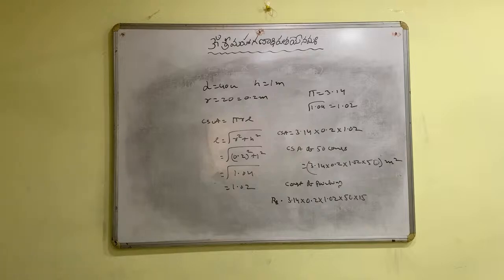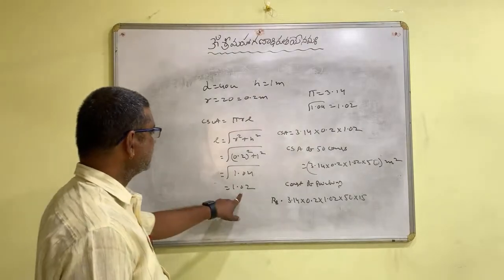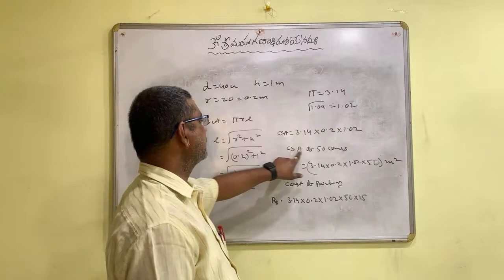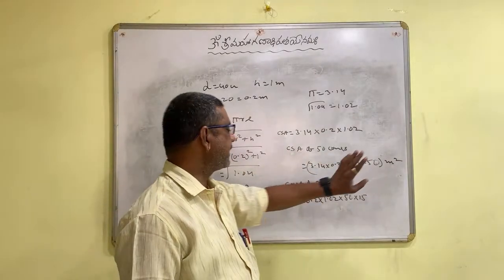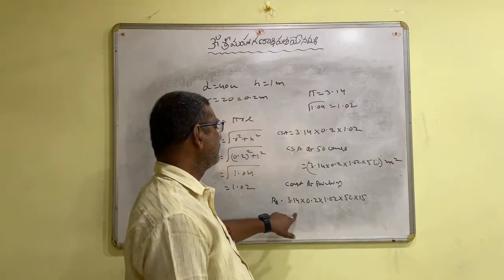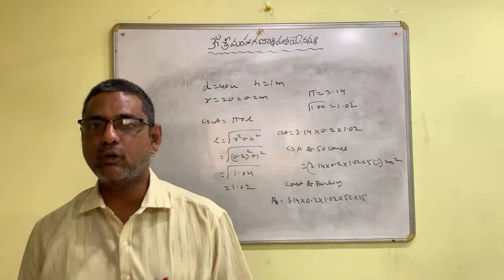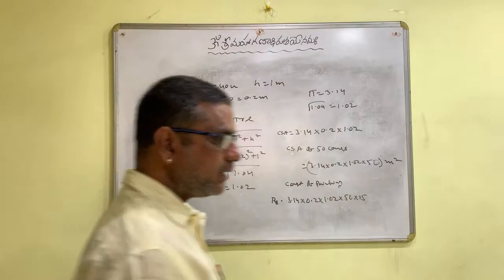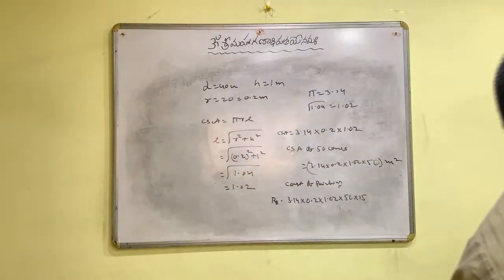Understand, children? Find out slant height, then curved surface area of 1 cone, then curved surface area of 50 cones, then cost of painting is curved surface area of 50 cones into 15. Okay then?